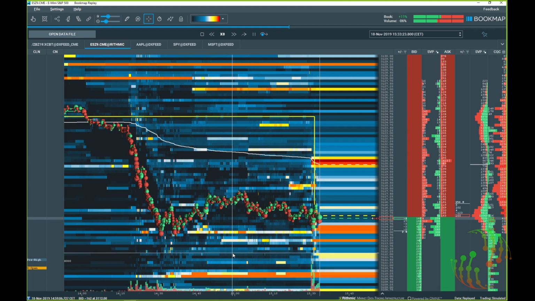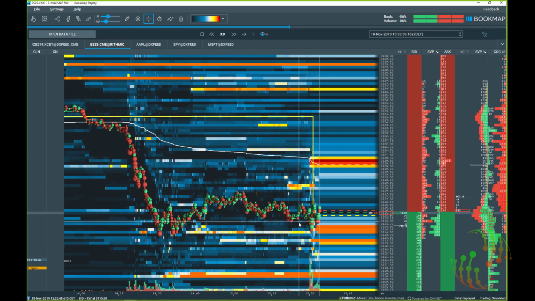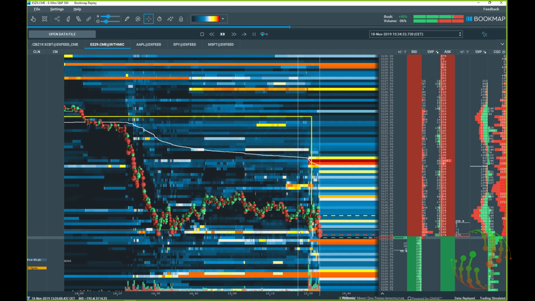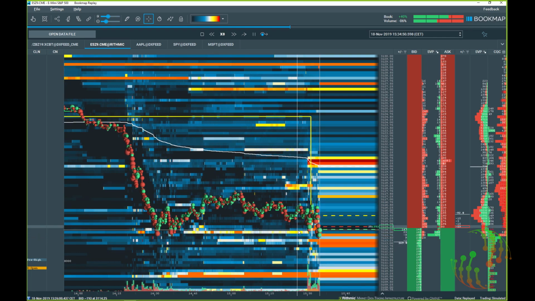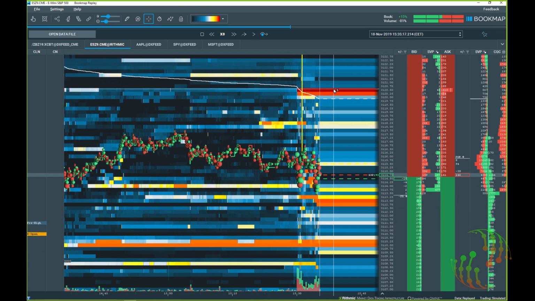Let's see how this evolves. You see liquidity is coming in. We still really don't know. At least I don't know. I would like to wait and see what happens. So you see long-term liquidity, priority 1 liquidity, priority 2 liquidity.